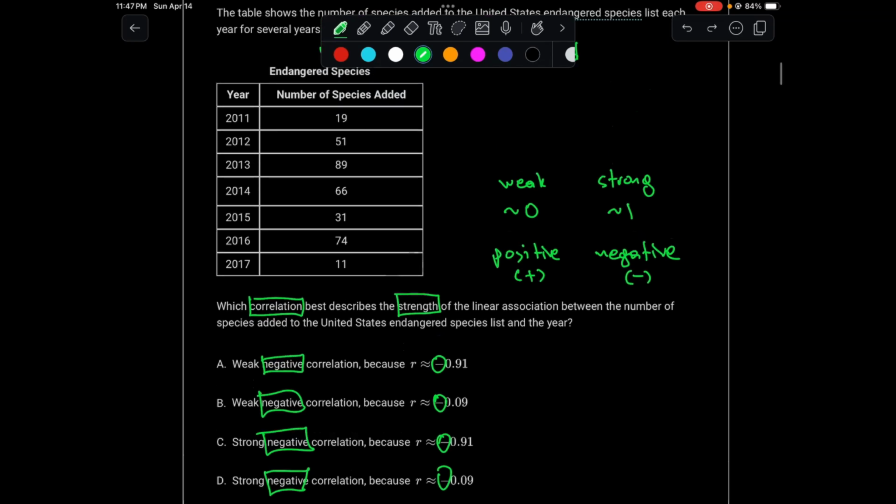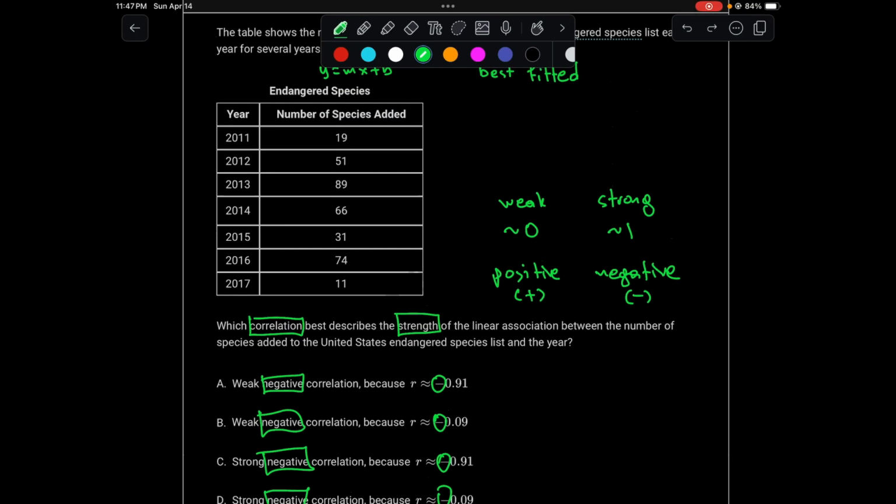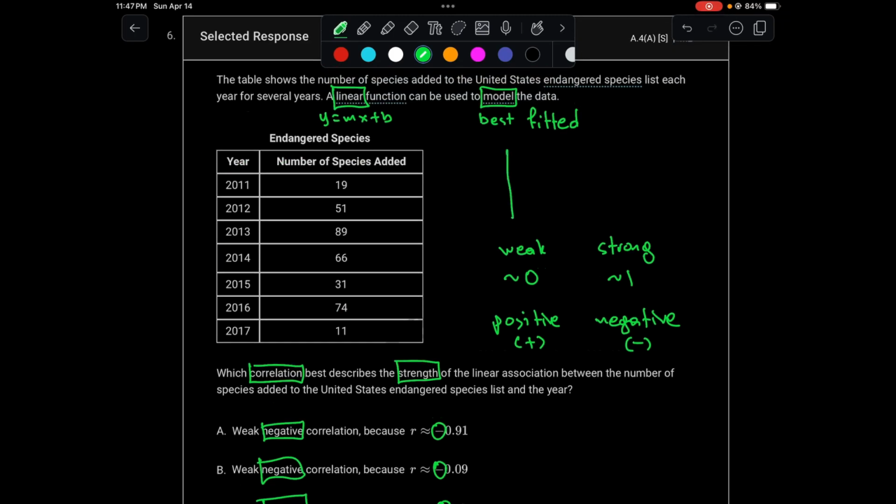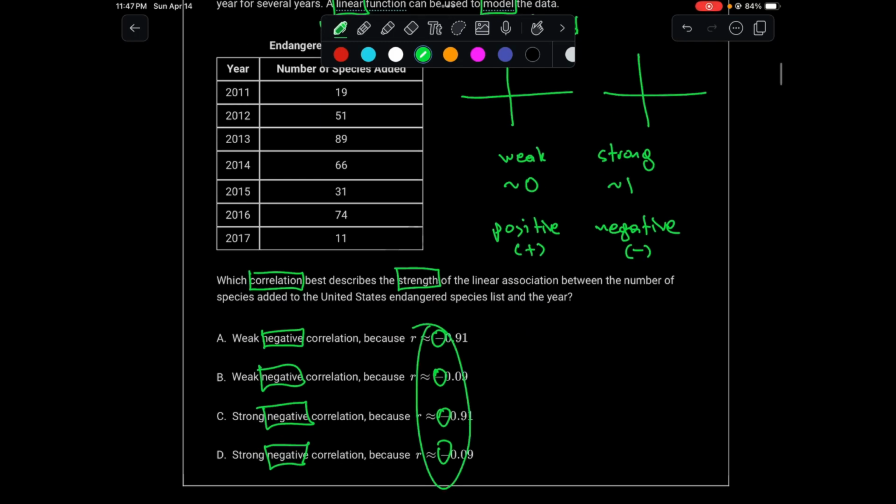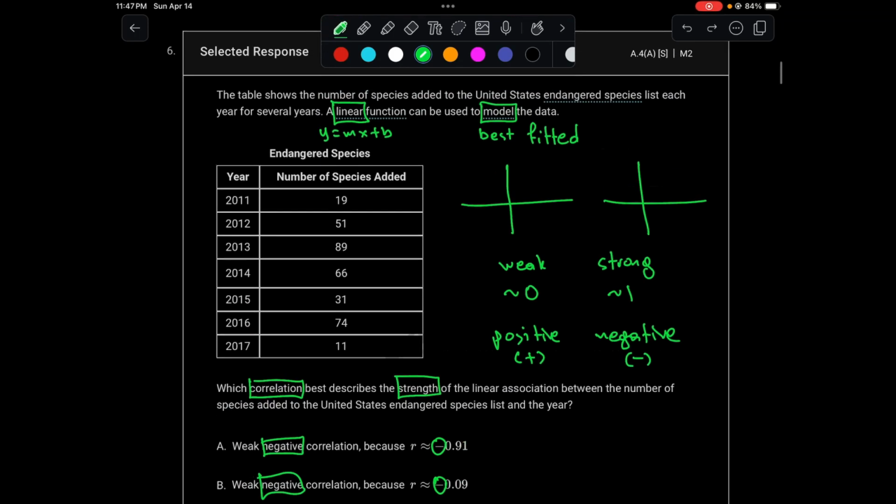Now, what do we have here? We can't really tell just by looking at the table. We have to look at the graph. Now, let me draw a little graph for each case, and then we're going to look at the calculator. Since we have all negative here, I'm going to draw a negative weak, something like that.